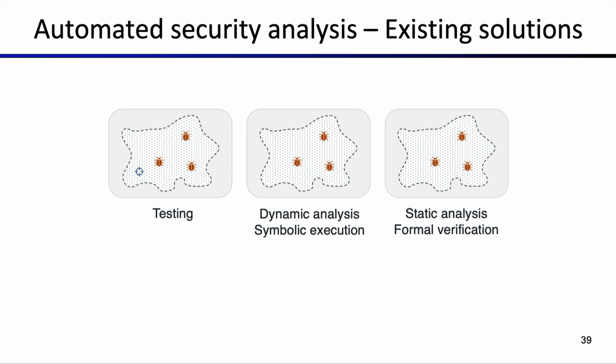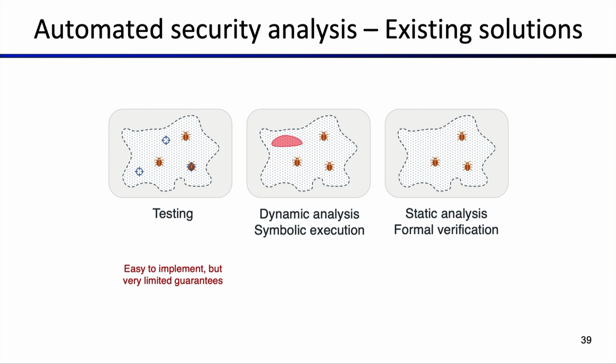On a very high level, testing is trying to find a few things and might find a few bugs here and there. It's easy to implement, just a lot of time and resource intensive, but might yield only very limited guarantees.